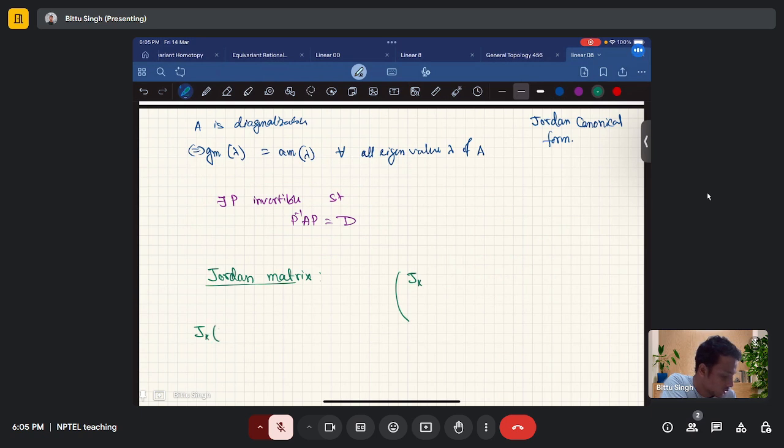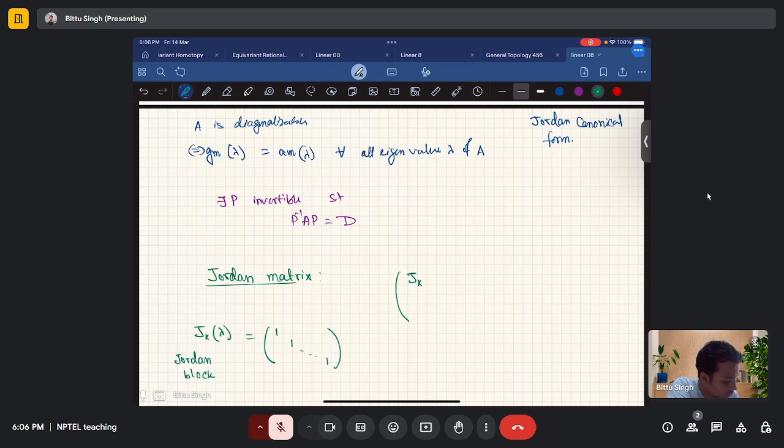This is called a Jordan block. This notation is different from what is given in Hoffman-Kunze, but it is the most used notation, so I will follow it.